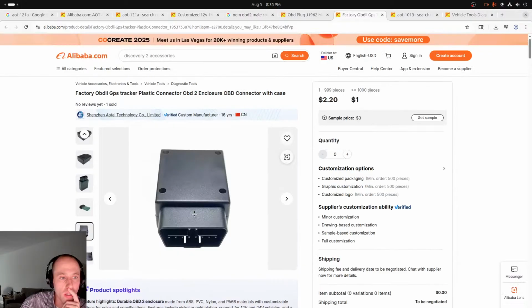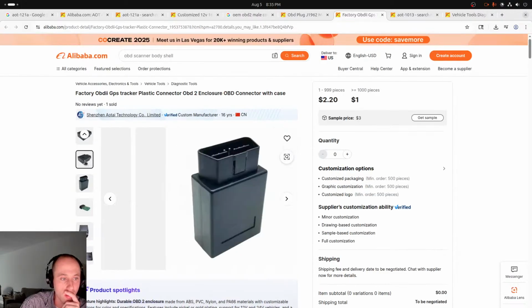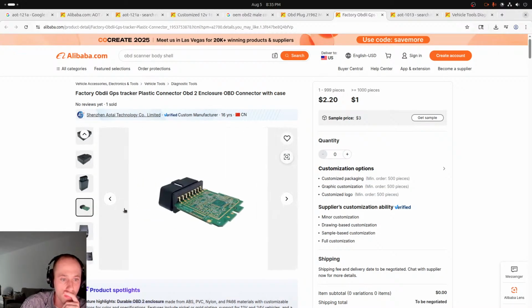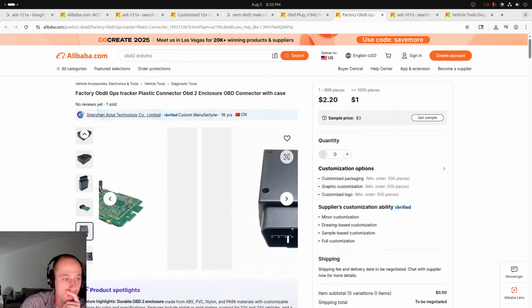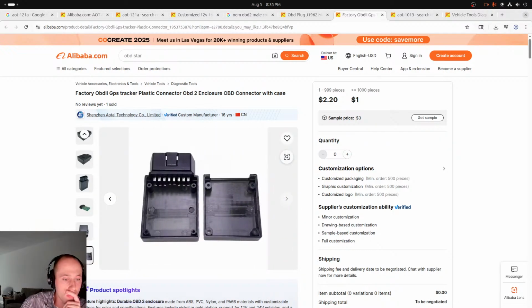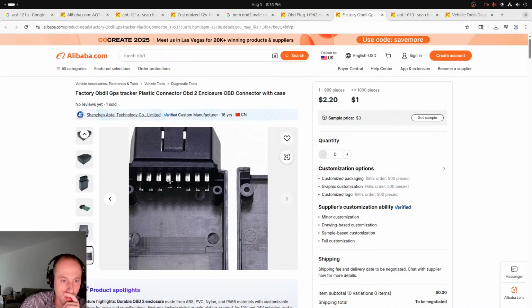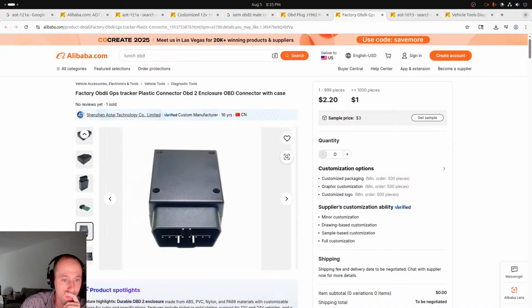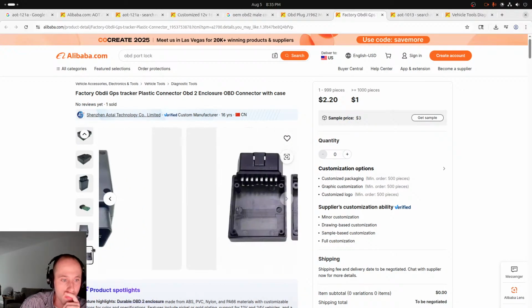But I just really hope that it has a very similar thing as this. And it looks like it, honestly, when you look at it like this. Nope, it doesn't.